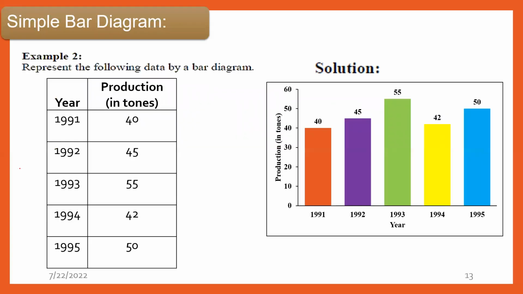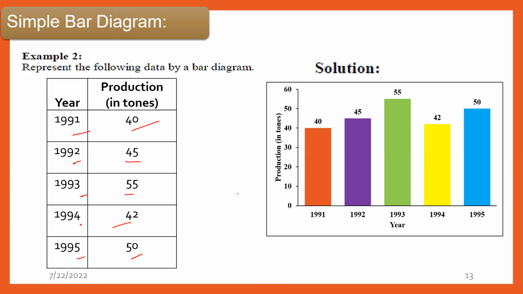Now we have data, and we can see this is the bar diagram. Year and production in tons: in 1991, 40 tons; 1992, 45; 1993, 55; 1994, 45; 1995, 50.